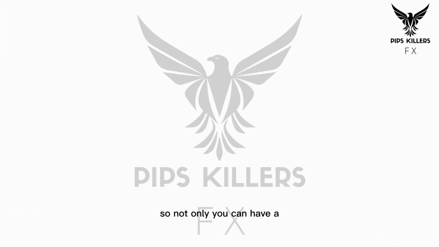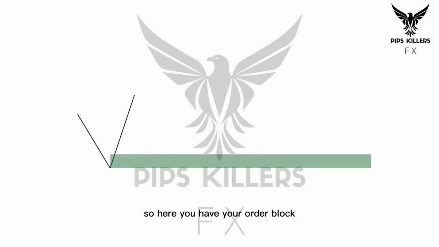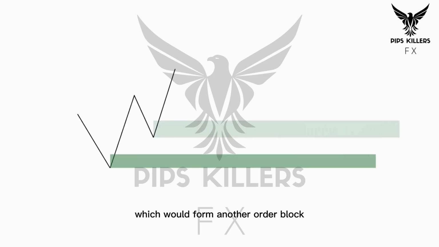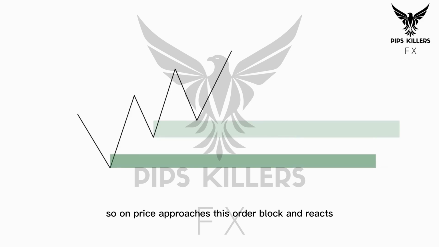So not only can you have an equal lows or equal highs inducement, you can have an FTB inducement like we covered initially in our liquidity section. Here you have your order block. You have your fake out swing, which would form another order block. When price approaches this order block and reacts, it forms your FTB, your failed to break.